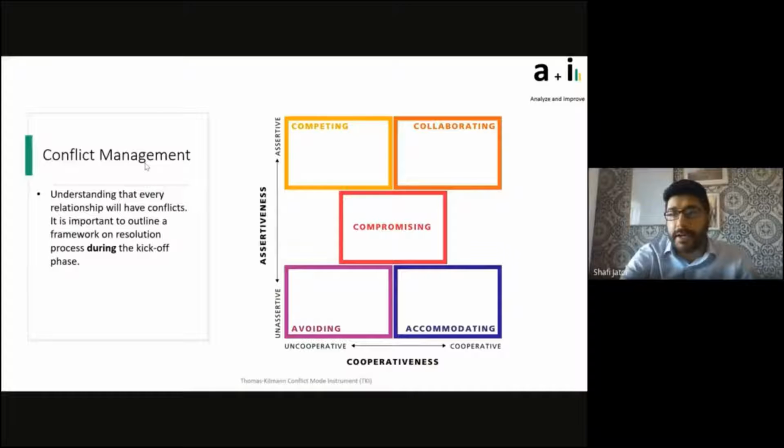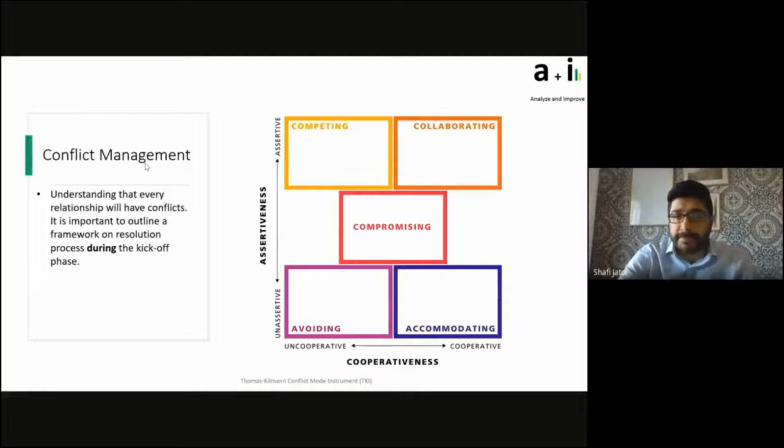And competing is, you need to win. That's the message there: I have the power in the relationship, I need to win, and you need to accept that I am correct. At times, if you're within your scope of the contract, you need to be able to enforce that as well, but enforce it in a way the relationship can continue.